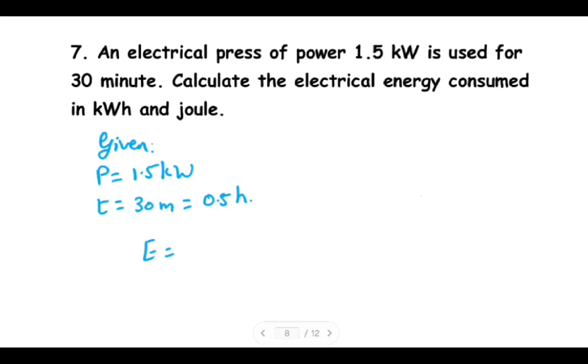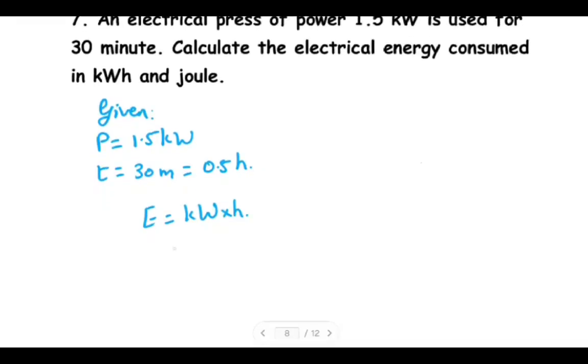Electric energy consumption is kilowatt into hour, which is equal to 1.5 into 0.5, which gives me 0.75 kilowatt hour.